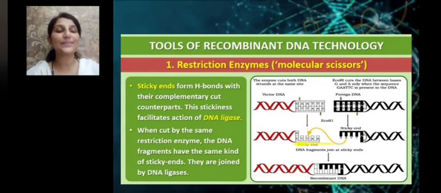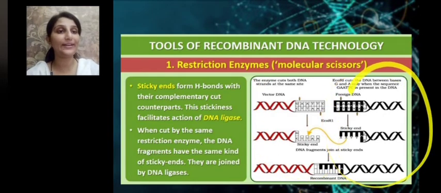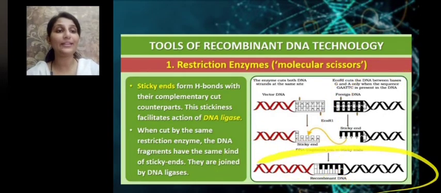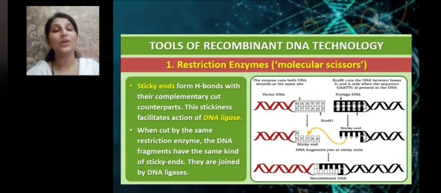It is the same in the case of the vector DNA and the foreign DNA, which have to combine together to form a recombinant DNA. With the help of single-stranded overhanging stretches, they form hydrogen bonds when they stick together, and they are stuck together with the help of the enzyme DNA ligase.